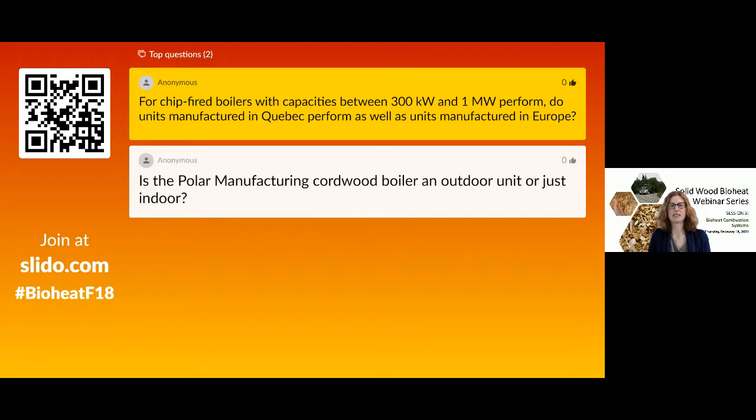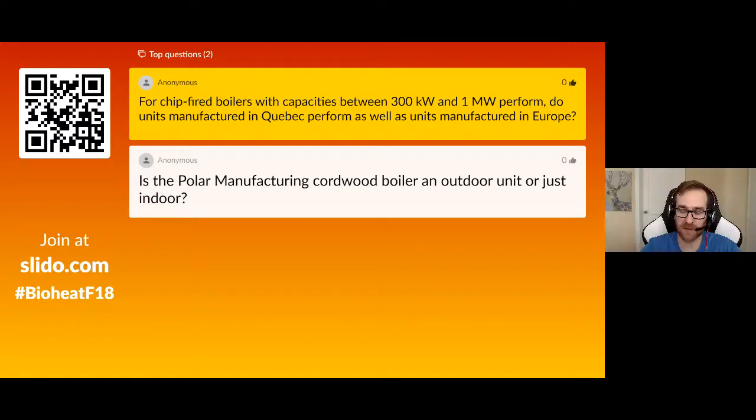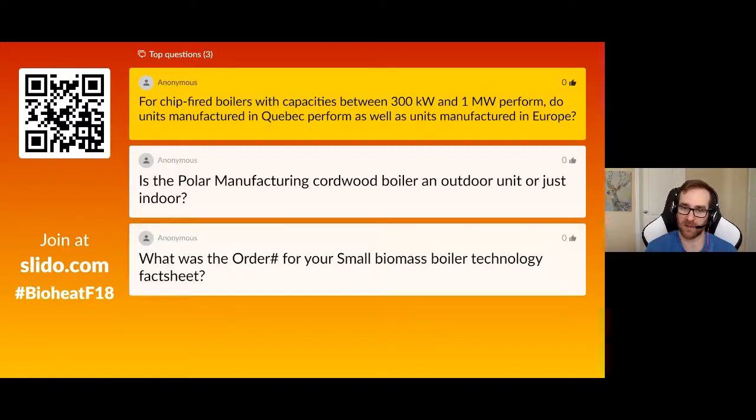Well, I'd have to check the test report on how they're certified and what they do, because essentially the intellectual property was coming from Europe, and then the units were assembled in Quebec. There are also some companies in New York that have done the same thing. They've used the IP from Europe and the units are built or manufactured so that they fit the ASME requirements for boiler pressure vessels.